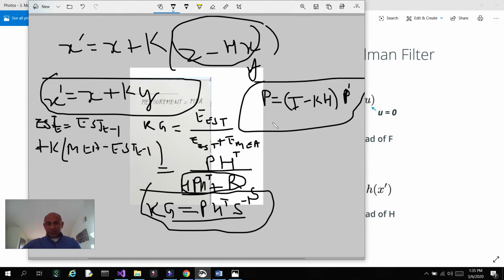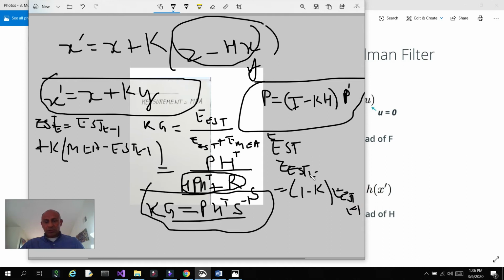Now this equation, the new error. I wish it was more elegant, but the new error, the error estimate at time t, equals 1 minus k times the error estimate at time t minus 1.